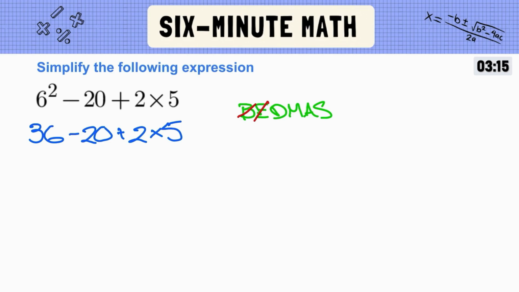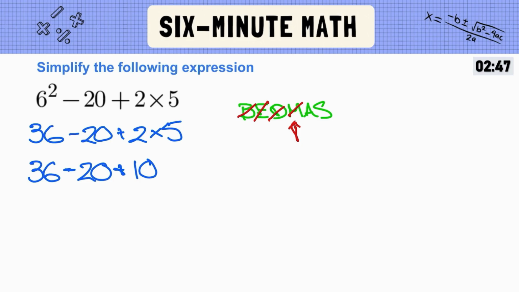And now I'm on to division multiplication. So I do have a multiplication, so I'm going to solve that, but I'm going to rewrite the rest of my expression to again help me stay organized. 2 times 5 is 10, and that finishes that step in our order of operations.